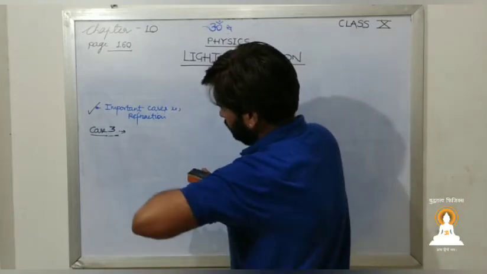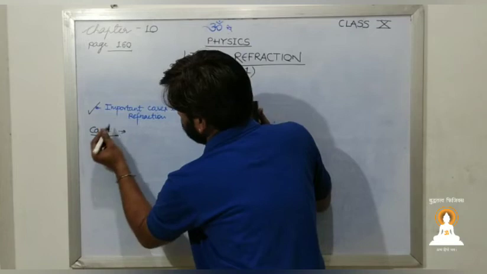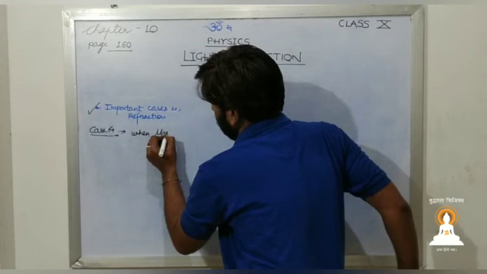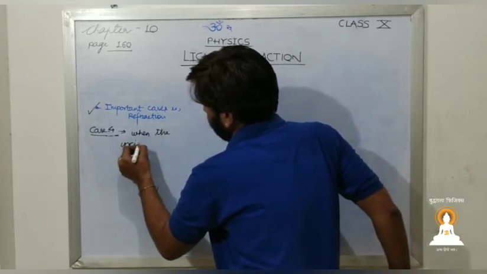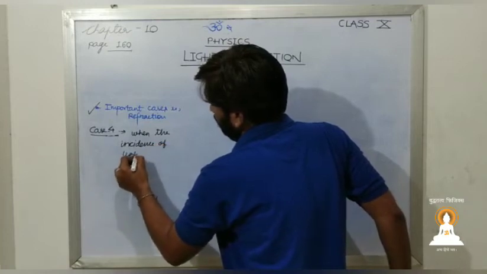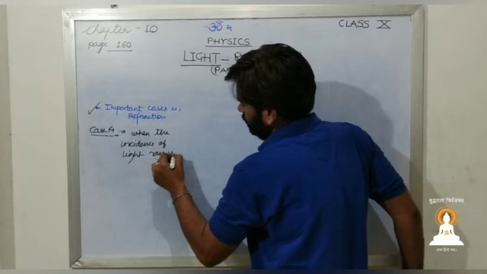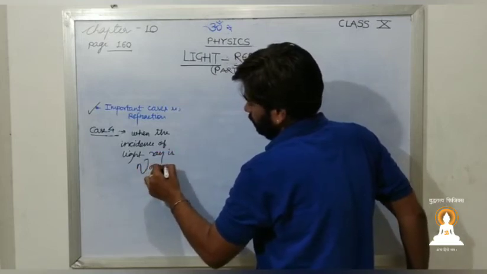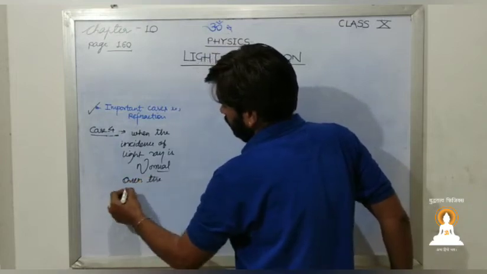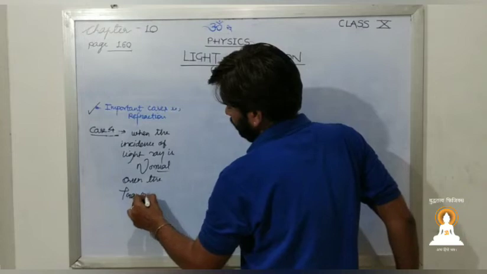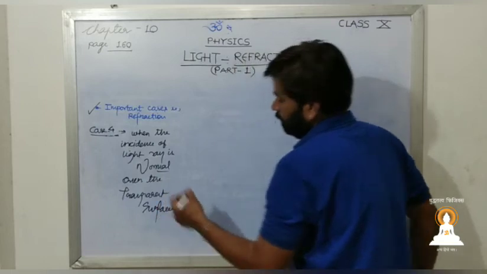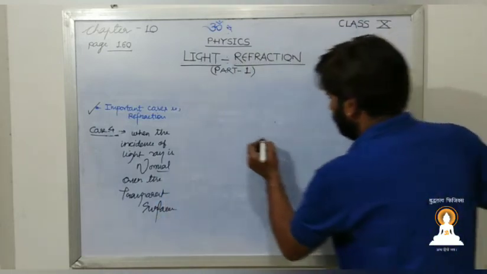Now the next one is case number 4, when the incidence of light ray is normal over the transparent surface. So let us see, a very important case.